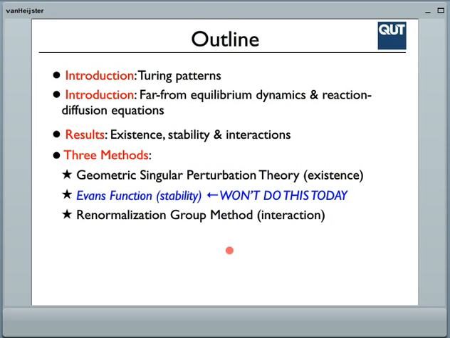So I'll introduce the model which I'm mostly interested in, and then I will give you results about existence, stability, and interaction. Instead of proving these results, I will try to describe the methods I use to prove them: numerical simulations, perturbation theory, averaging, and renormalization methods. I will try to give easier examples of how these methods work, to get an idea of what's going on for the more complicated system.